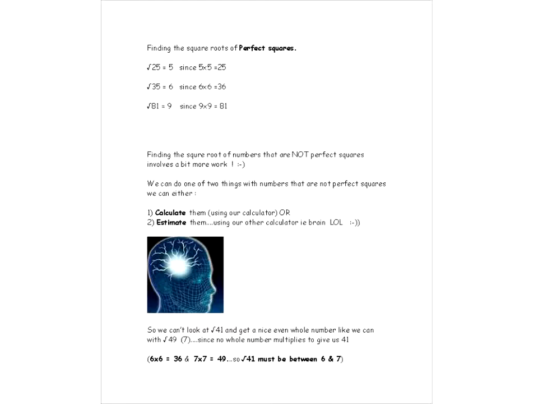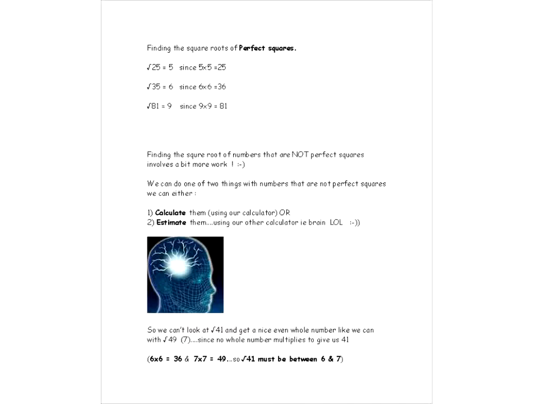And sometimes when you're finding the square root, you want to calculate that number. So sometimes you're going to see questions where it says calculate. So if you see the word calculate or find, you're going to need to use your calculator. Okay? Other situations sometimes ask you to estimate the square root. And in that situation, I said here, use your other calculator. In other words, your brain.